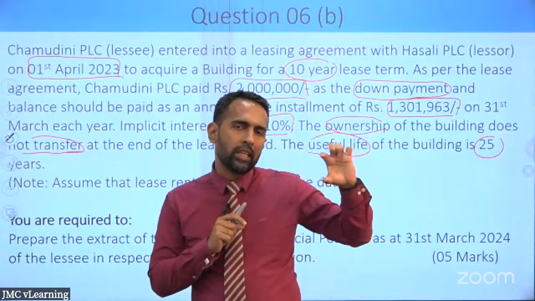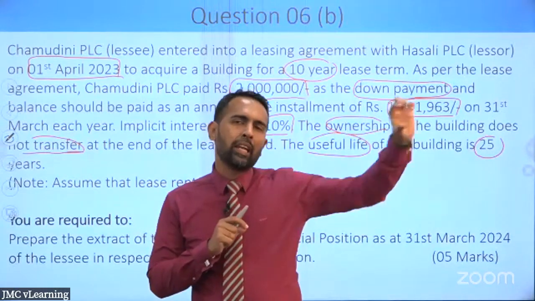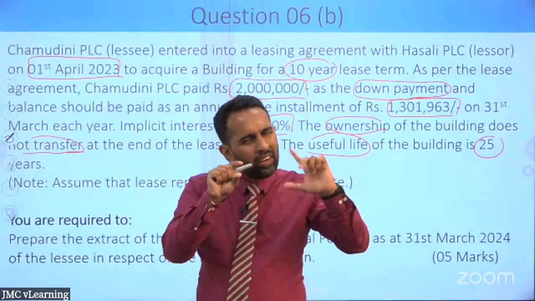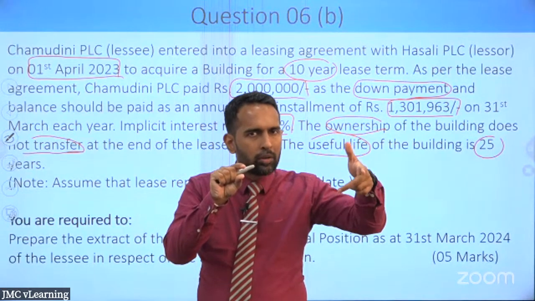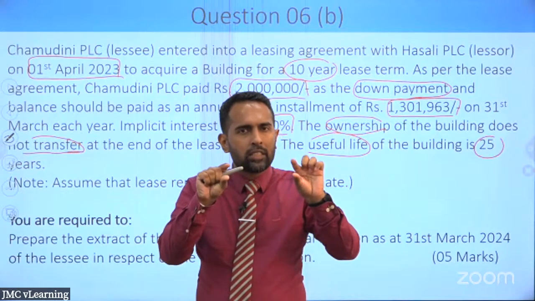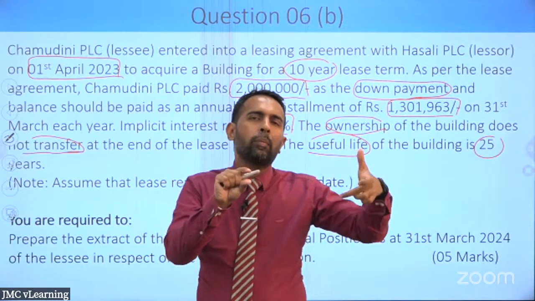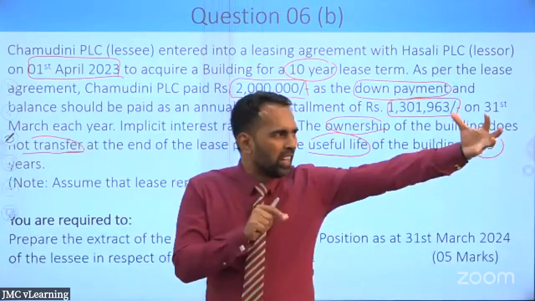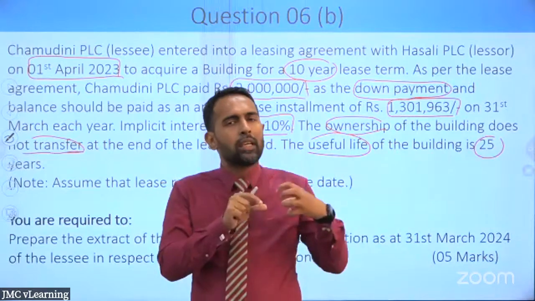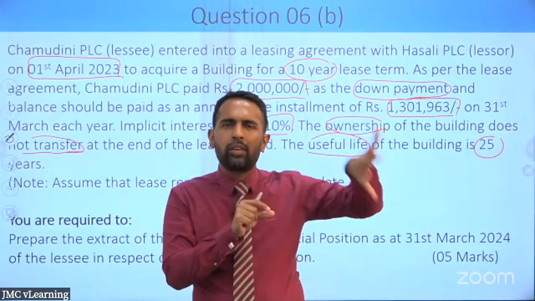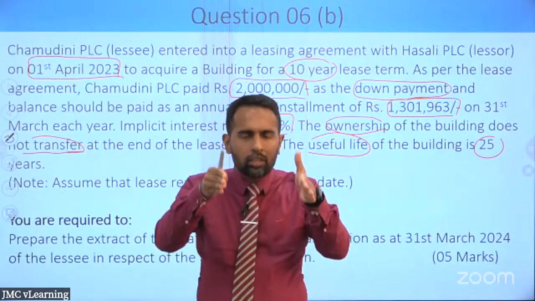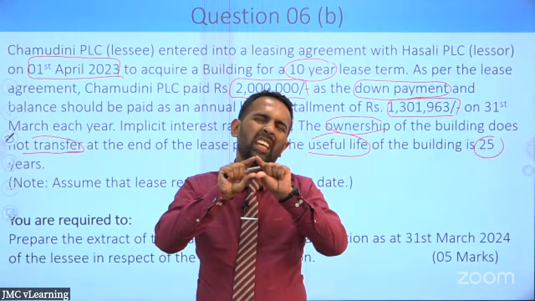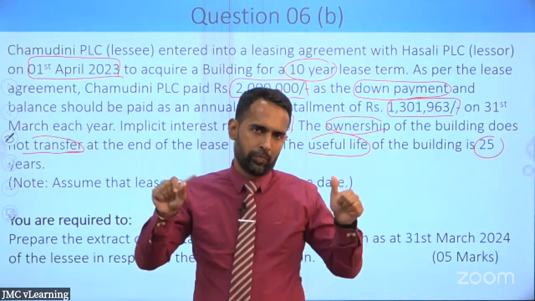All these lease installments you are going to pay in the 10 years. These lease installments include the interest and the capital repayment part, no? Each and every lease installment has the interest and the capital repayment, and it's a future cash flow. If you can discount those 10-year lease installments and remove the interest, you will get the present value of the lease installments. Or in other words, you will get the initial lease value.